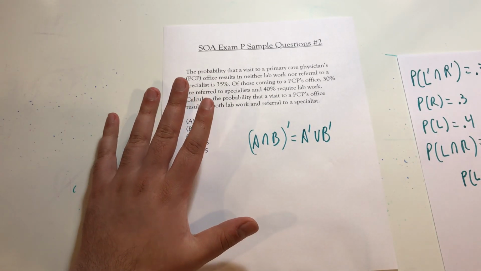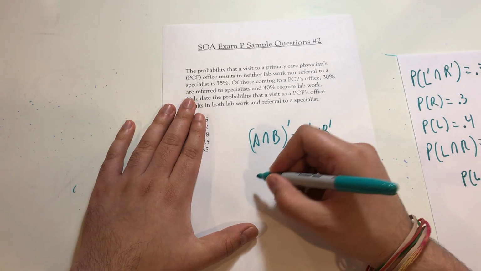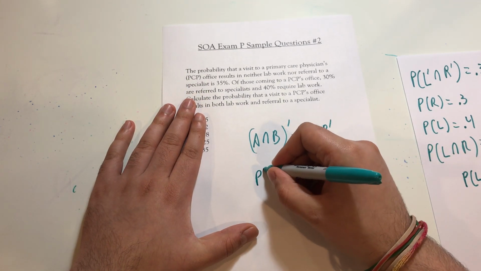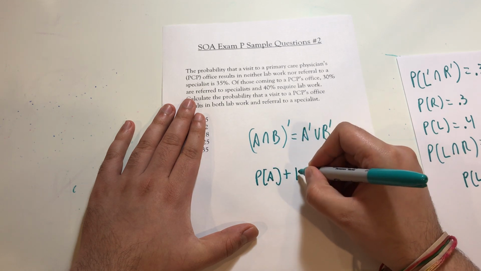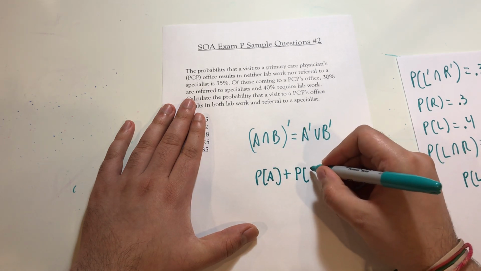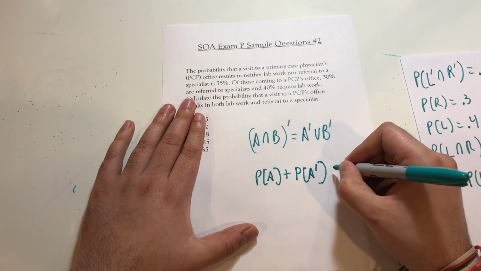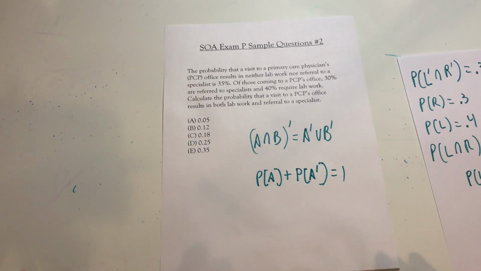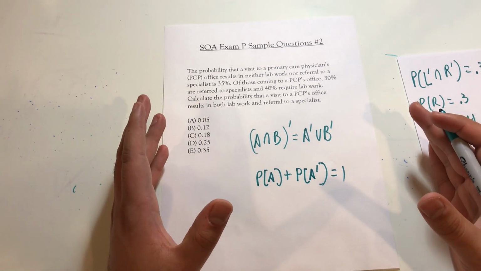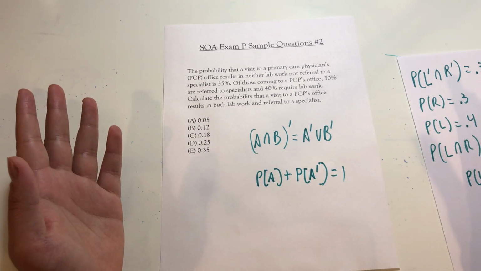Okay. Another thing that we need to know is that, say we have some event A, the probability of event A plus the probability of event A complement is equal to 1. What that's saying is basically everything in A and everything not in A should be our entire sample space.